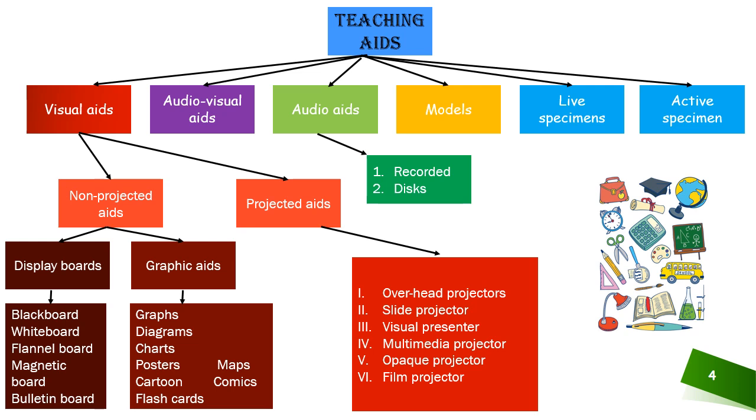Non-projected aids are divided again into 2 parts as display boards and graphic aids. Projected aids are also divided under several categories. Audio aids are divided as records and discs. So now let's move on to each category and see the meaning of each.